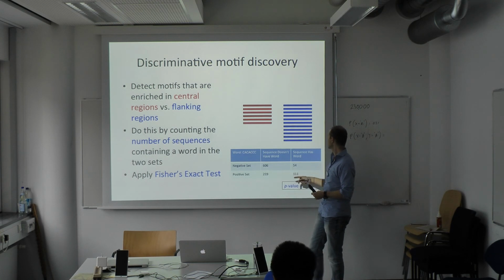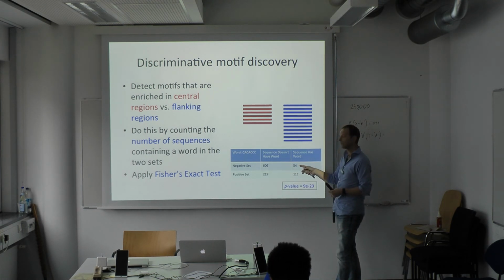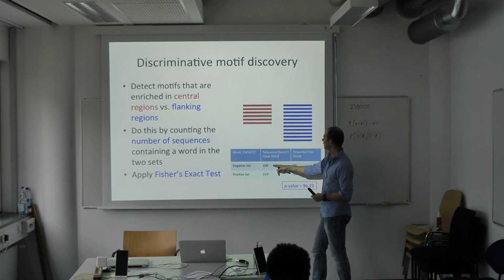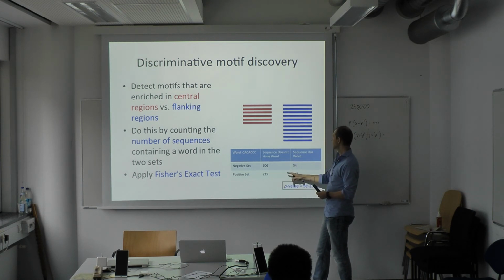But then we look at this column here. So we look at the negative set again, where it has the word. Sorry, I'm not sure whether I framed that correctly here. So the sequence doesn't have the word. So in the negative set, lots of them don't have the word, but lots of the positives don't have the word as well.